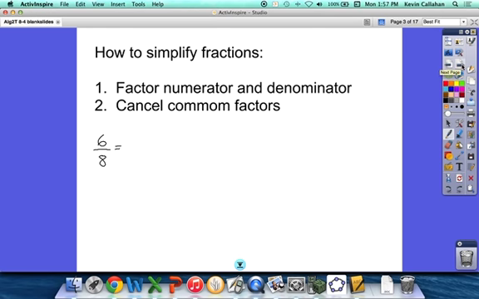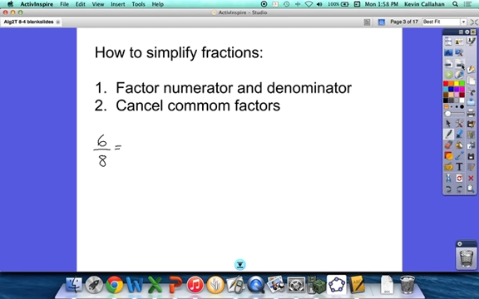So first, before we simplify a rational expression, we're going to simplify a fraction. I've got some steps here. You may not even do it exactly like this, but I'm showing it this way because it has more to do with what we're about to do. Factor the numerator and the denominator, right? 6 over 8 has a common factor.